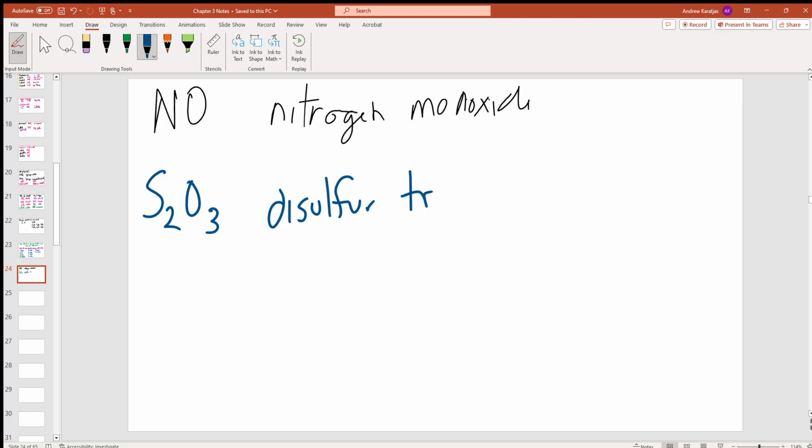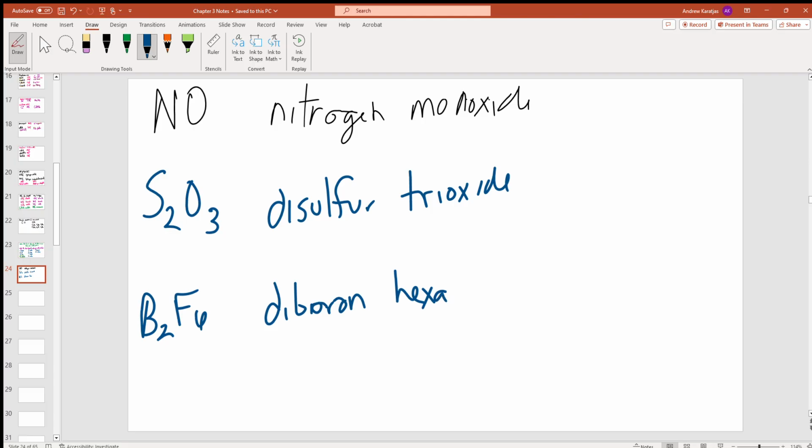So we add the IDE ending, and so it becomes trioxide. B2F6, there's two of the boron, so we say diboron, and then six fluorines, hexafluoride.